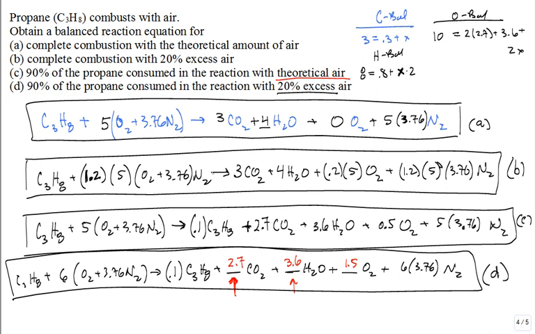Yes, sir. The previous one, when we did the oxygen balance, how come it's 10 not 5? It's 5 times 2. But isn't it on the right side? Isn't it an O2 also? But it's 2 times x, and so we solve for the x. If I just look at this equation, it's 10 equal to 2 times 2.7, which is 5.4, plus 3.6 plus 2x.